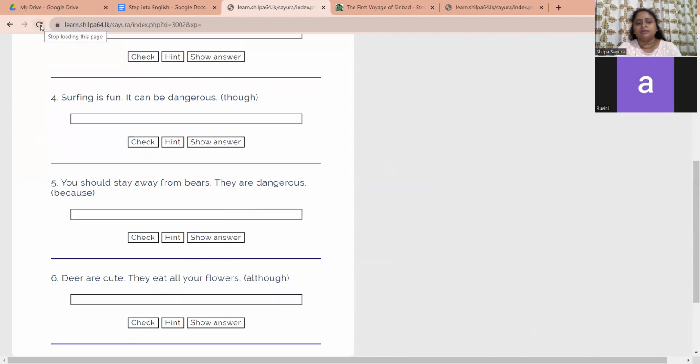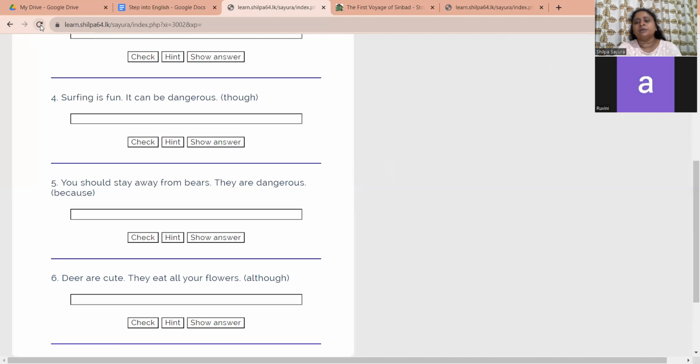Deer are cute. Deer means the animal, and the plural is also deer. Deer are cute. So don't worry, because deer is not singular here. Here deer is plural, so you use are. Deer are cute. They eat all your flowers.